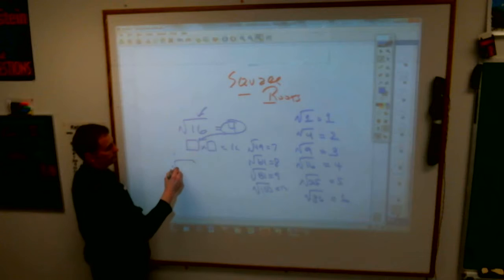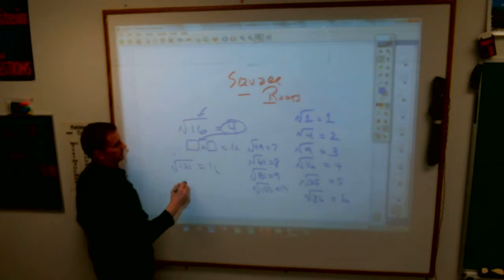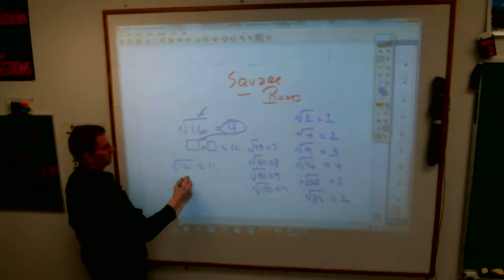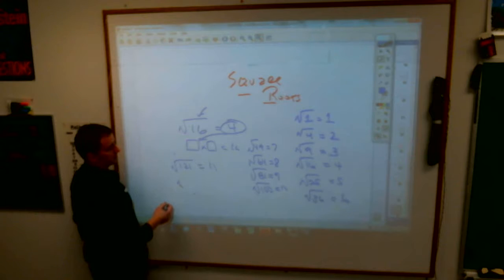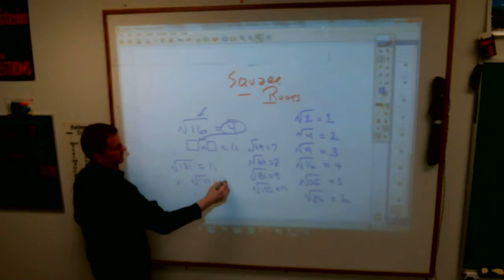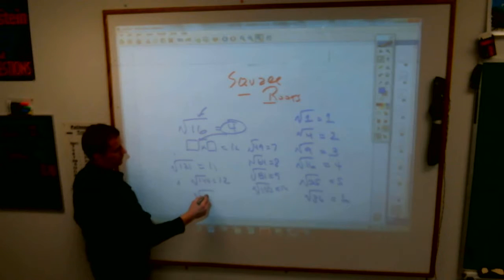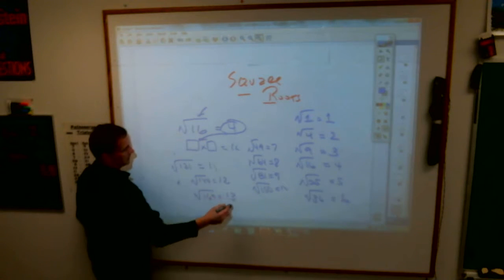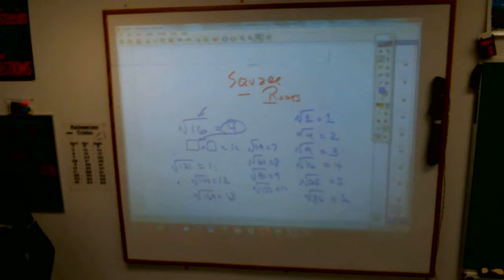The square root of 121 is 11. Square root of 144 is 12. Square root of 169 is 13, and so on and so on.